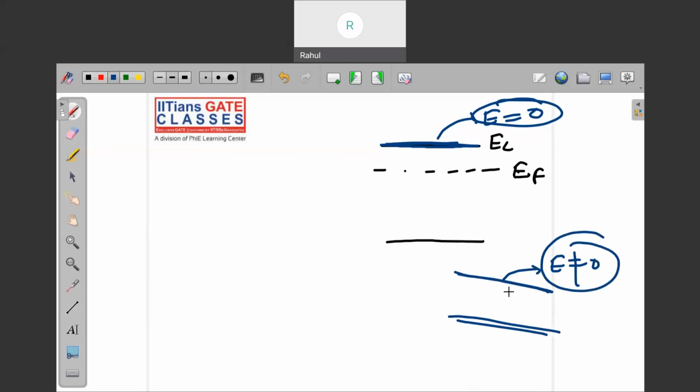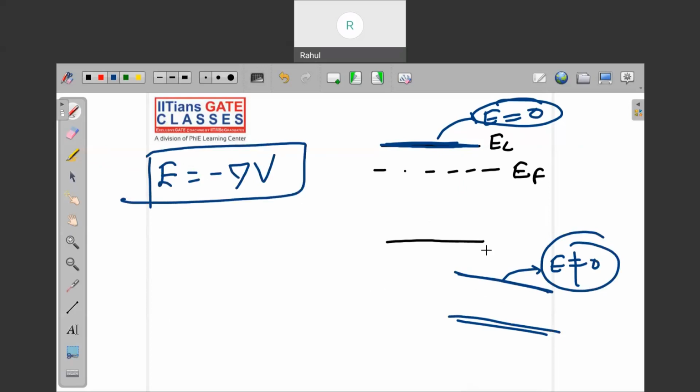So how can you find the electric field then? The electric field can be found with the help of this expression, that is the negative gradient of potential. And what is the relation between potential and energy? Potential is dW by dQ, so just multiply Q with V and you will get energy.